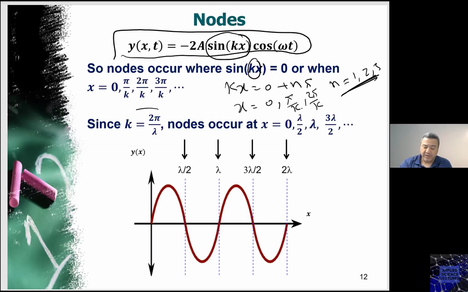However, we know that k is 2π over λ, so if you substitute k with 2π over λ, the new values for those nodes would be x = 0, λ/2, λ, 3λ/2, 2λ. So every half a lambda, you have a node starting from this point.